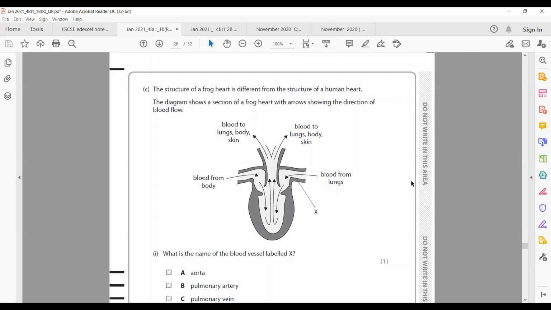So because it doesn't have different parts to... Okay, so can you say that because it receives deoxygenated blood at the same time as oxygenated blood, it takes longer to.